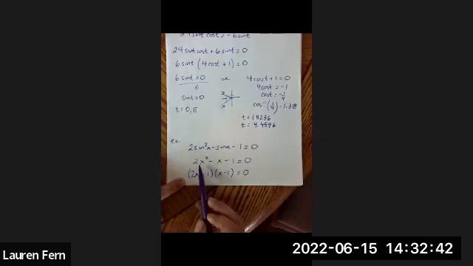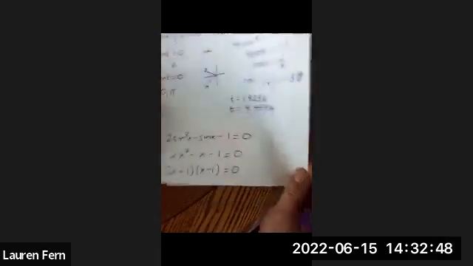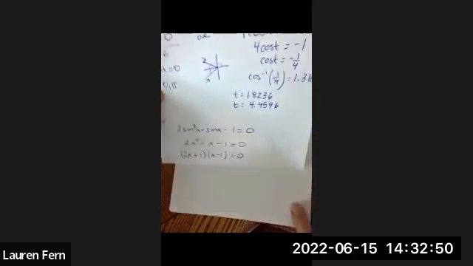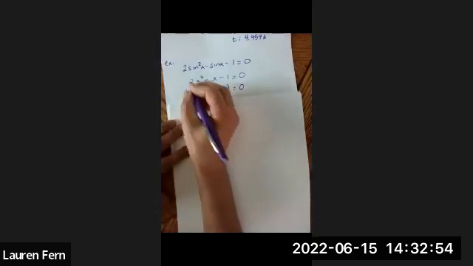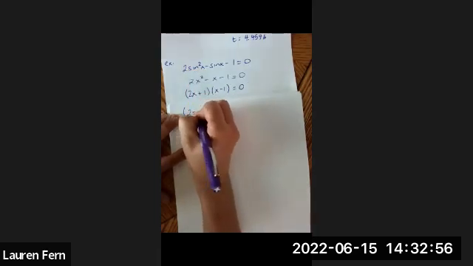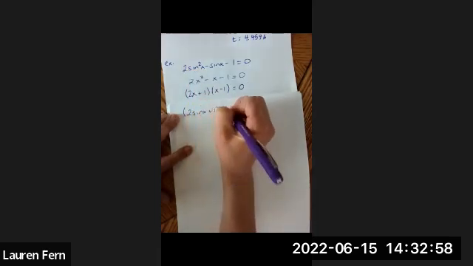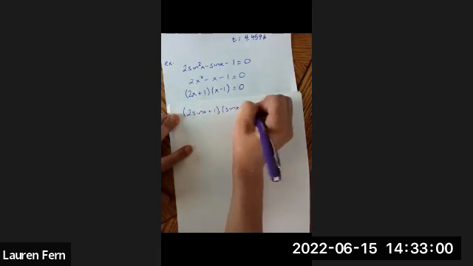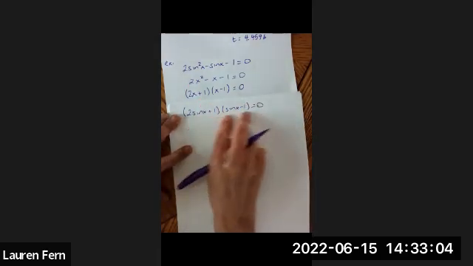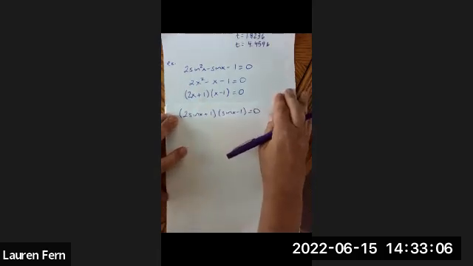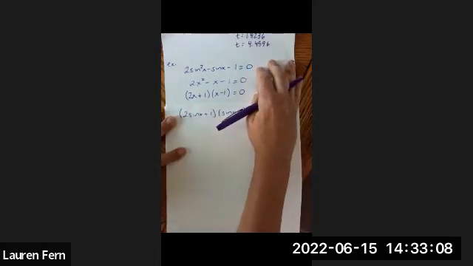Well, notice the only difference is here we just have a plain old x, and here I have a sine x. So using that, I claim what we would have then is 2 sine x plus 1 times sine x minus 1 equal to 0. And if you don't believe it, multiply this out. You'll see that you get where we started from.